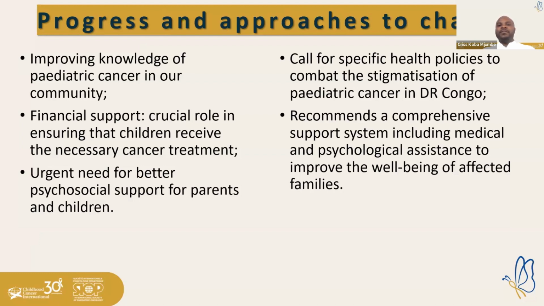There is an urgent need for better psychosocial support for the parents of children, and for specific health policies to combat the stigmatization of pediatric cancer in DRC Congo. And we recommend a comprehensive support system, including medical and psychosocial assistance, to improve the well-being of affected families.